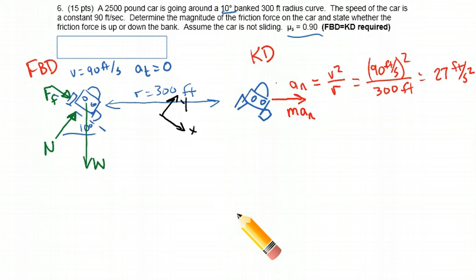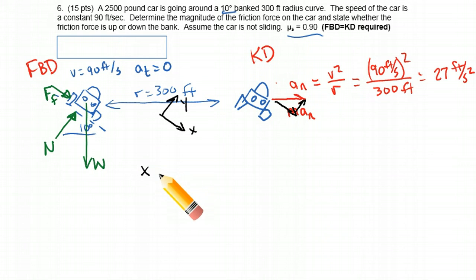The thing we'll have to be careful about now is that this will have two components, a parallel and a normal component. But we can do that. We know the angle and we know the magnitude of this total vector.